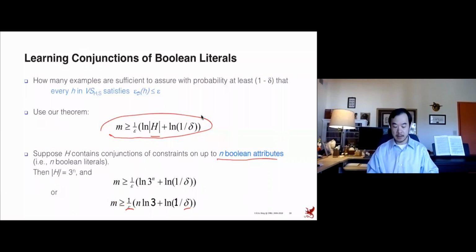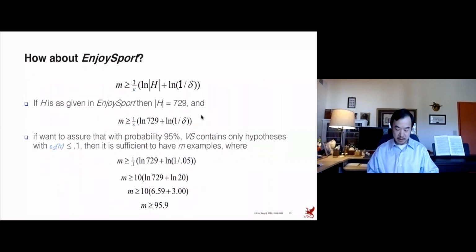You can plug in the numbers, in fact. I remember that in our enjoy sports example, we have 6 Boolean literals, and therefore your hypothesis space is 3 to the power of 6. Plug in. And you can also say, I want, with probability 0.95, to attain such a classifier.